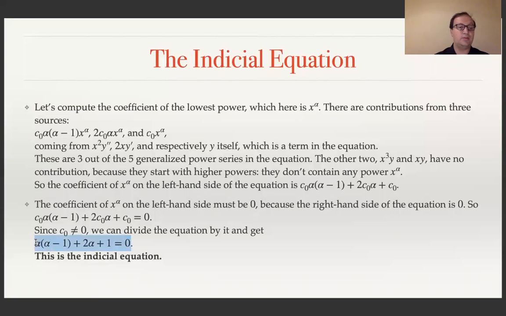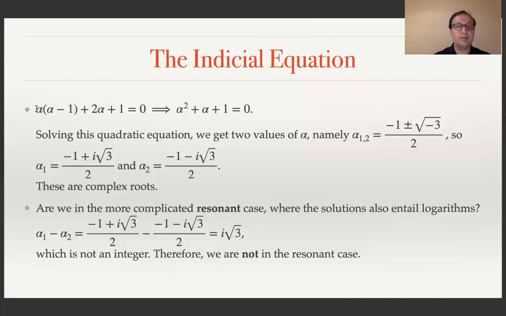It's the equation that we get by looking at the coefficient of the lowest power that's present in the equation, and then dividing this equation by C0 because C0 is a non-zero number. So this is an equation that involves alpha only.